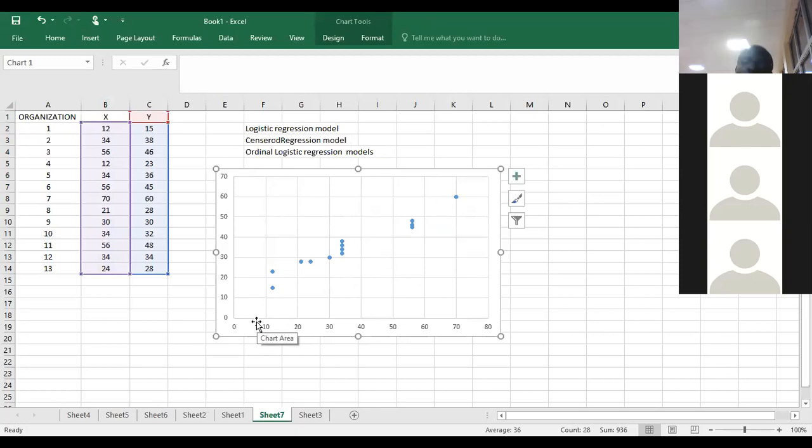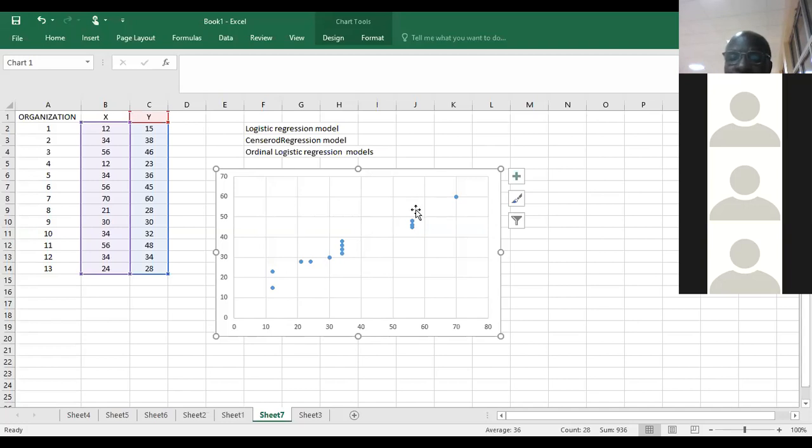It is sometimes called the line of best fit, because it's the line that best fits your data. You will see in a minute that it is the line that minimizes the error between itself and the actual values.